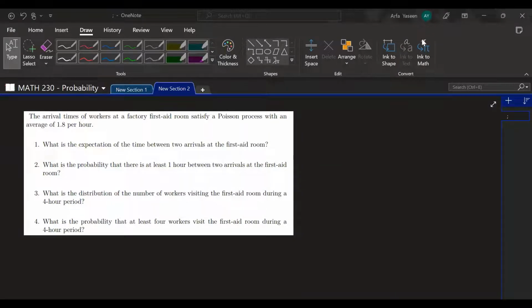This is exponential distribution, since the time elapsed between consecutive successes is the random variable and not the number of successes in the time interval.